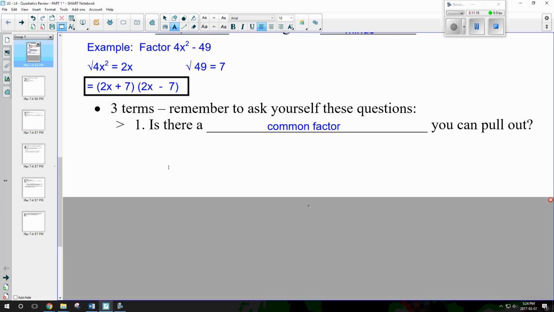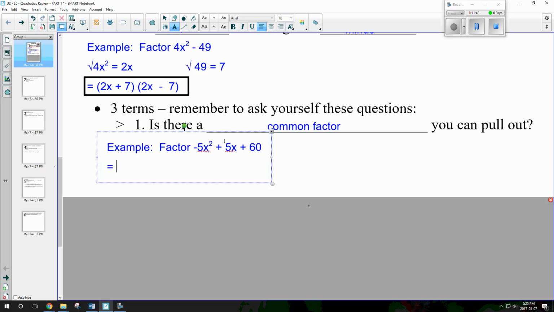So let's take a look at an example where there is a common factor that makes your life easier. If we're given negative 5x squared plus 5x plus 60, and we're asked to factor that.